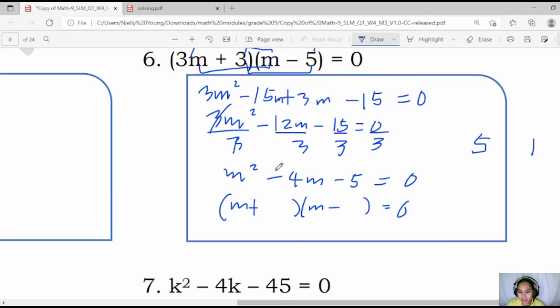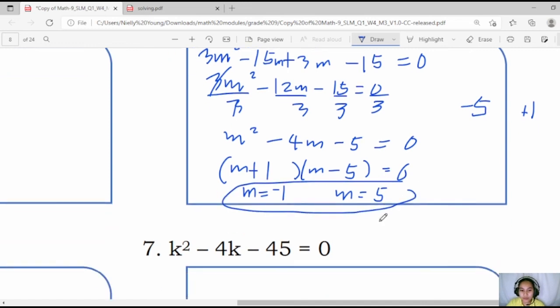Since this is negative, the highest number is negative. Since 5 is greater than 1, this is negative, this is positive. So m plus 1, m minus 5. Okay, transpose to get the value of m. m is equal to negative 1 and m is equal to positive 5. So that is the answer for number 6.